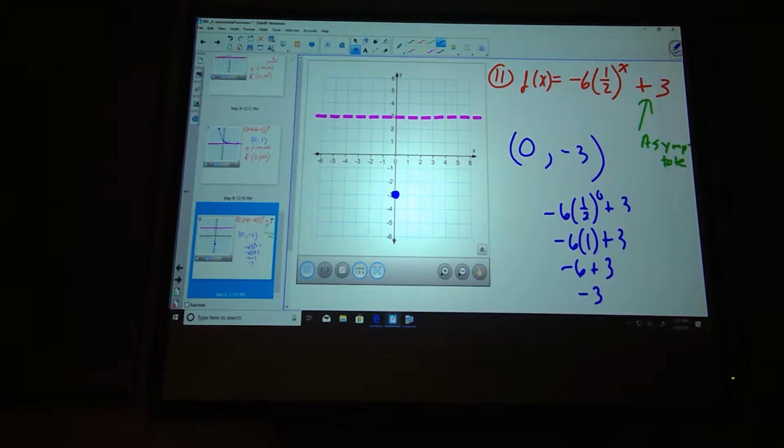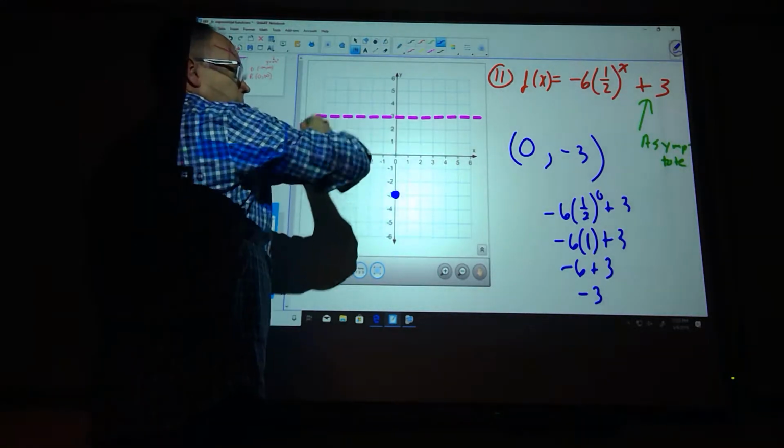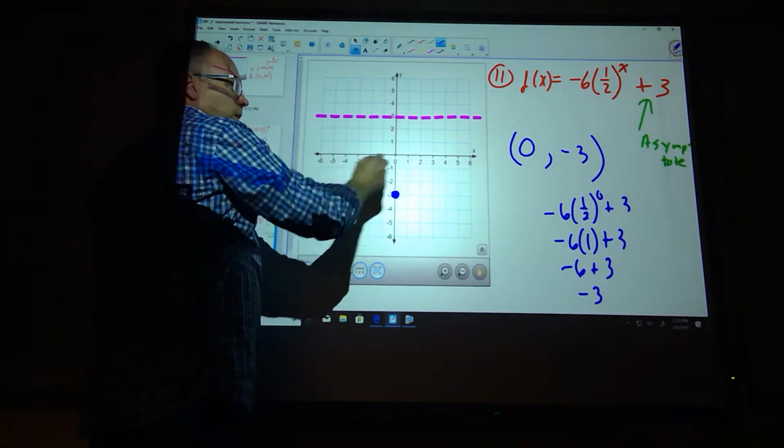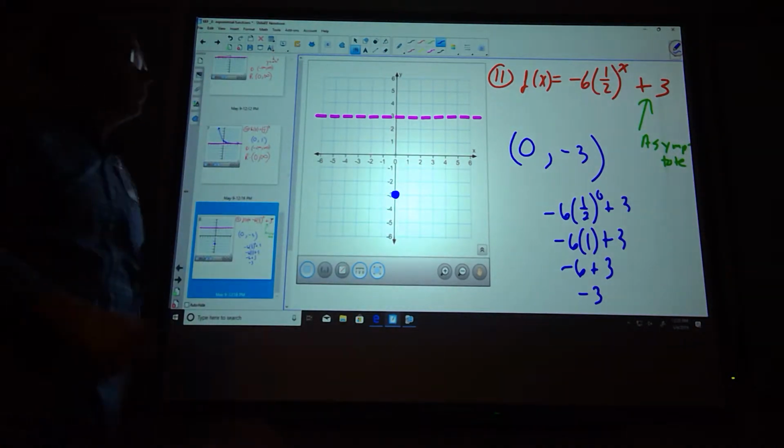So here's the tough thing on this problem. That pattern graph might work, but I think there might be a lot of things to think about. So what would happen if I plugged another number in? And what would be a good number? I've plugged 0 in so far. What would another good number be, maybe? Something within this grid, would you think? Yeah. So pick a number between -6 and 6. 1. Go with 1.